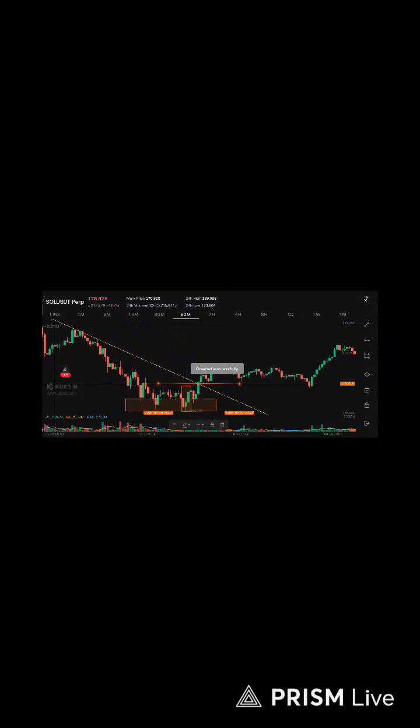All right. This is my entry. My entry is the green line. Now, my stop loss, I'm going to take my stop loss down below it here.